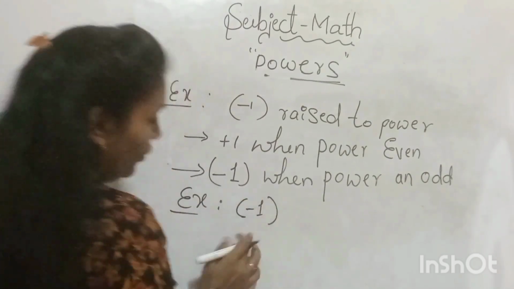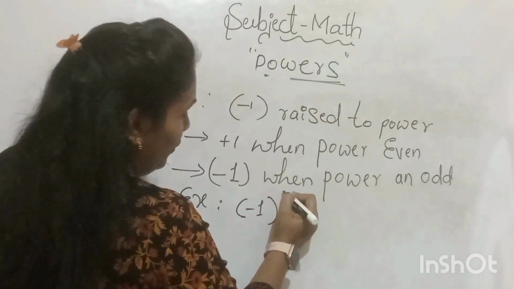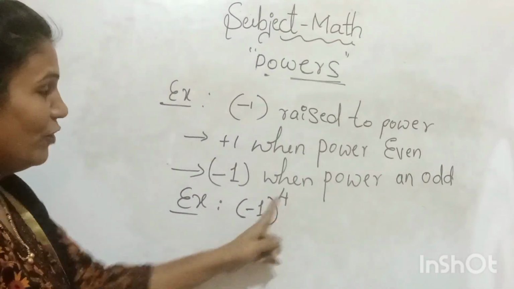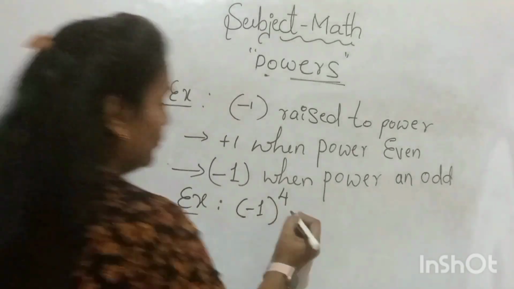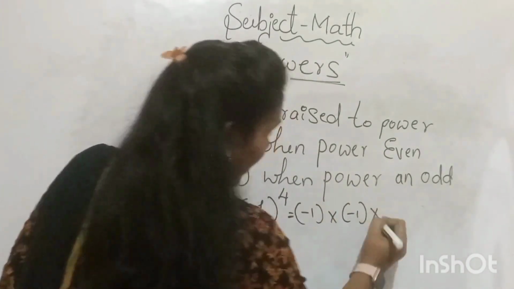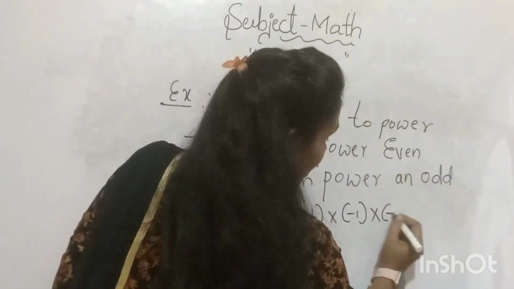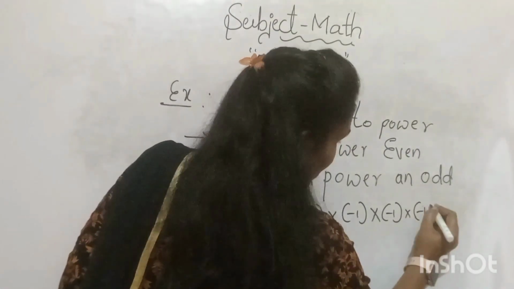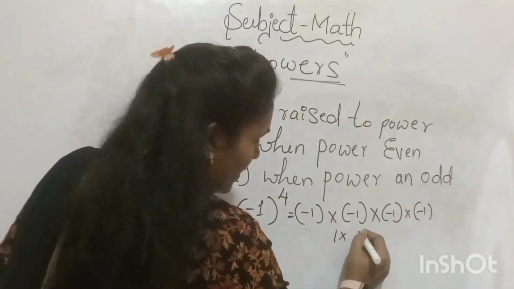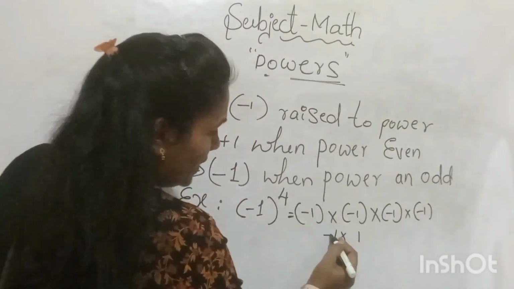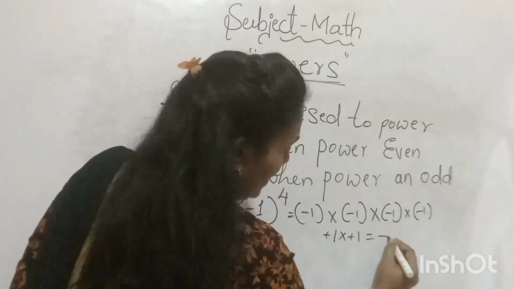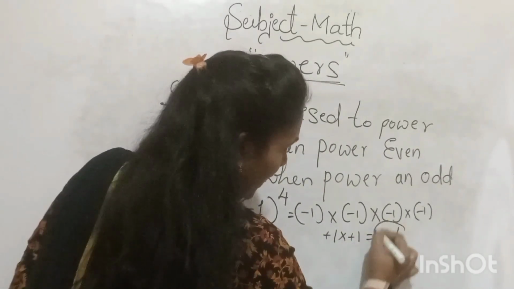For minus 1, I'll take the power 4. 4 is an even number. If I take 4, what would the answer be? We'll check. Minus 1 should be multiplied 4 times: minus 1 into minus 1 into minus 1 into minus 1. Minus into minus is plus, minus into minus is plus, which is plus into plus, plus, 1 ones are 1.